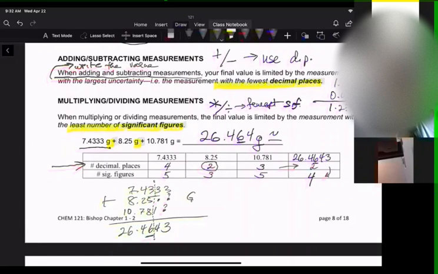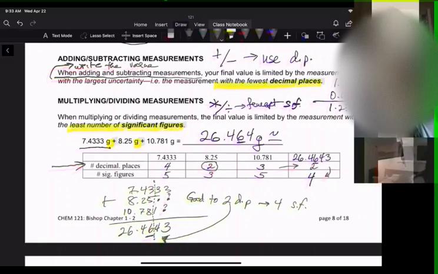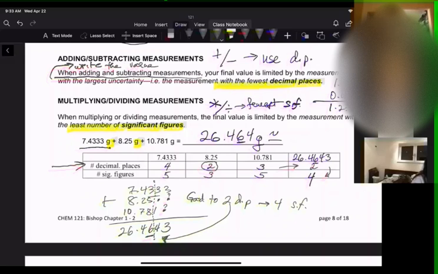So this one is good to 2 decimal places. And when we count our significant figures, that means it's going to be 4 significant, right? The 2, 6, 4, and 6 are all significant. So for addition, we always count the numbers after the decimal point for the SigFigs.